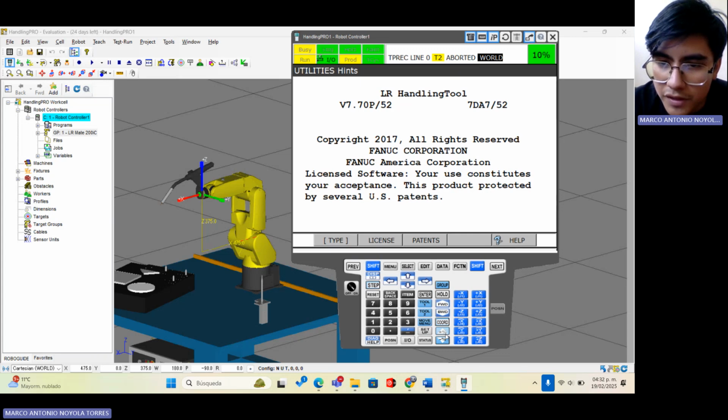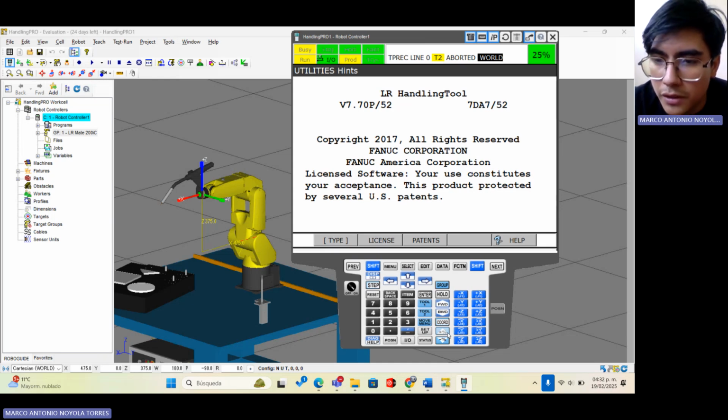In this case, with the page up and page down keys, we can raise or lower the velocity by pressing these keys.